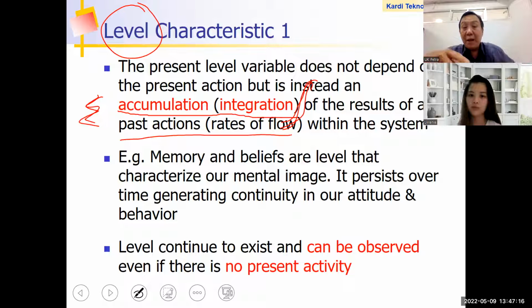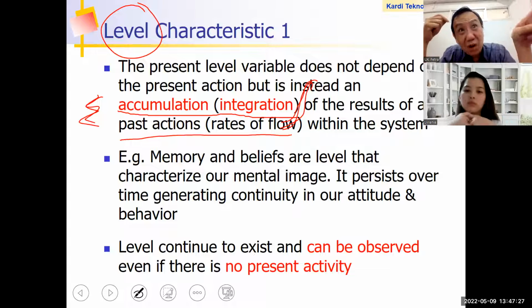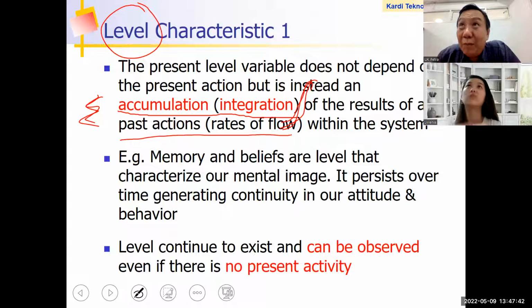So memory or belief is actually a level. You need to distinguish. When you want to model something, you think, is this level or rate? Example, when you say, oh, that person is rich.